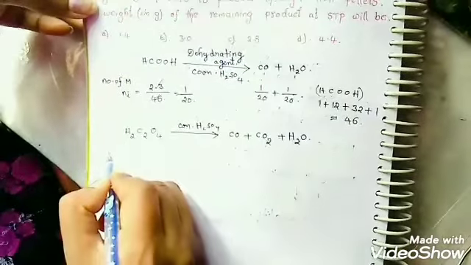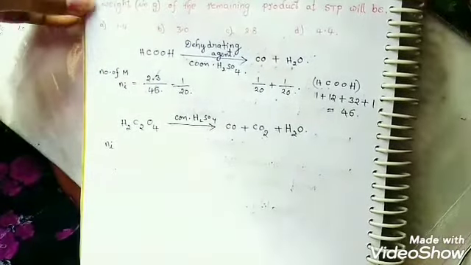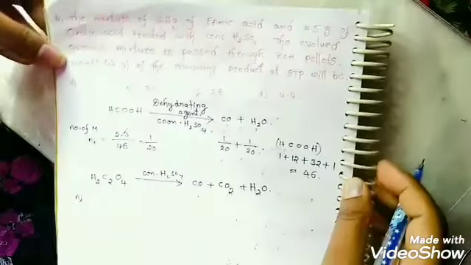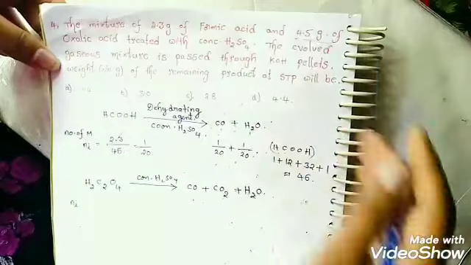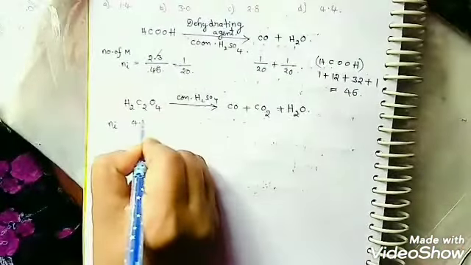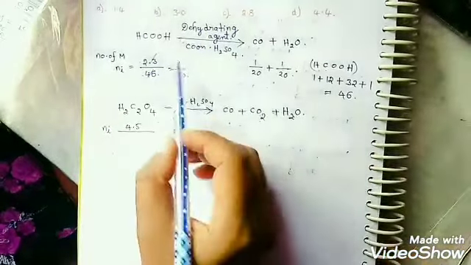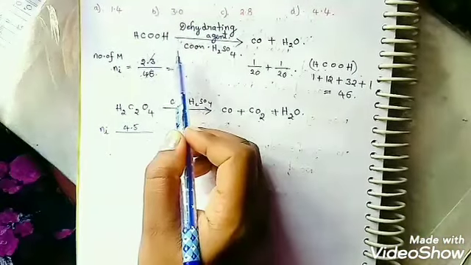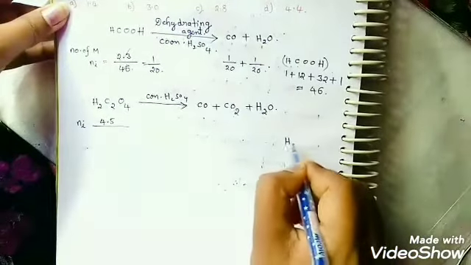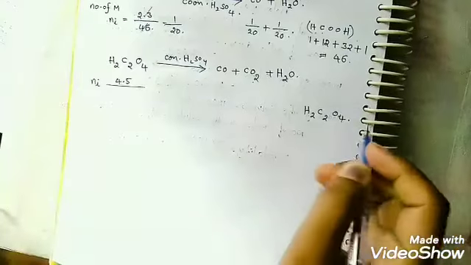For this also, you have to take the initial moles first. In the question, what they have given, students, see, 4.5 grams of oxalic acid is given, so here you can take 4.5 grams by the molar mass, as we did previously for the formic acid, students. Then just like this, you have to calculate for oxalic acid also, C2H2O4.